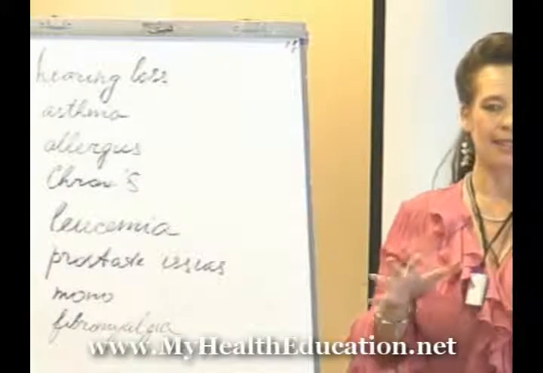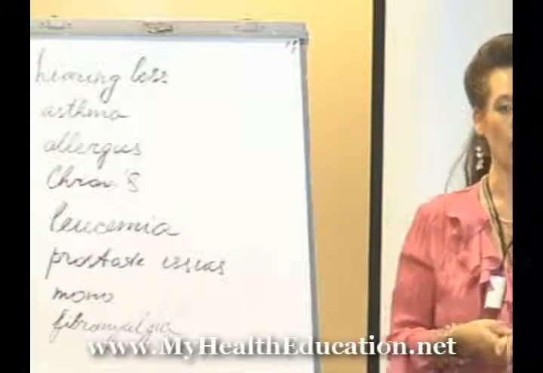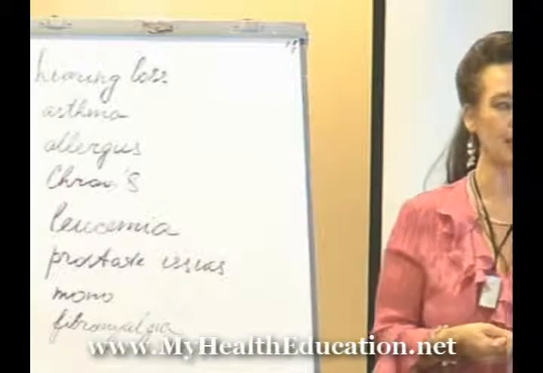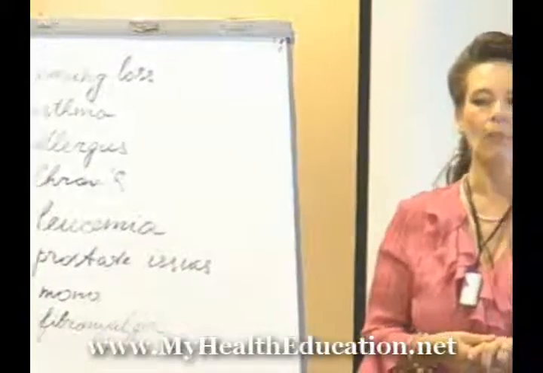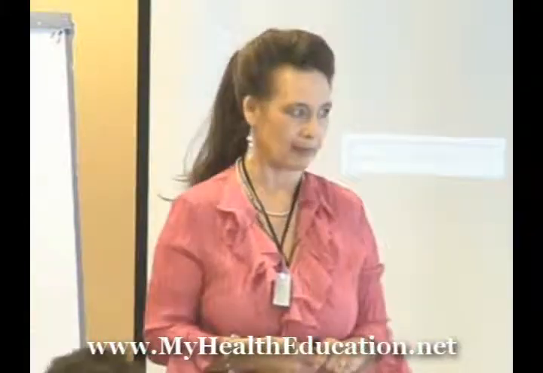So let's see how we deal with chronic stress, because chronic stress is said to be the reason of about 10,000 different diseases and about 100,000 different symptoms. And that's only according to the conventional medical statistics.